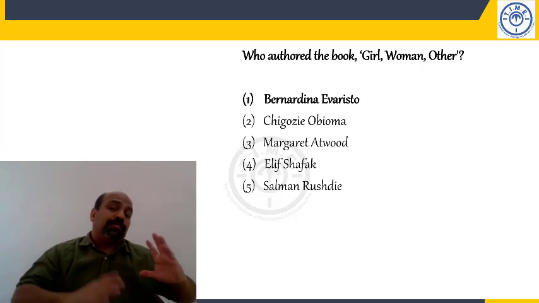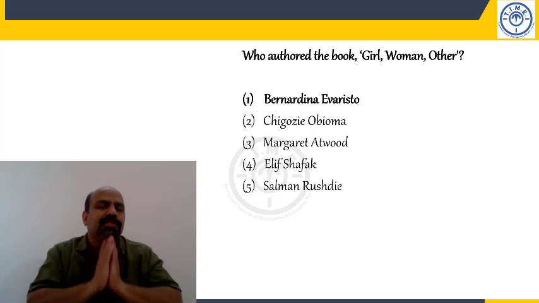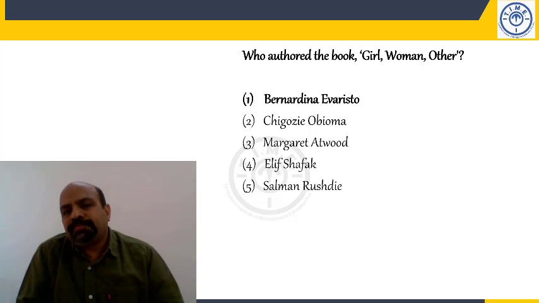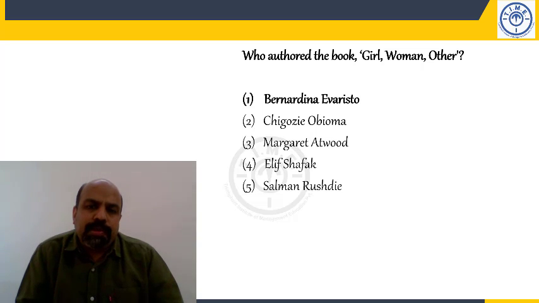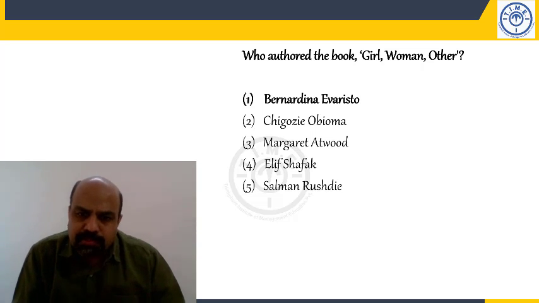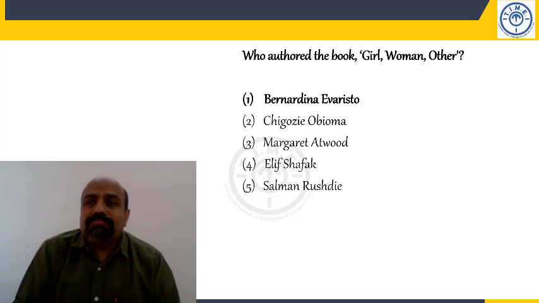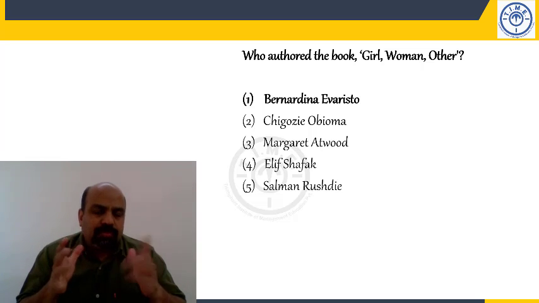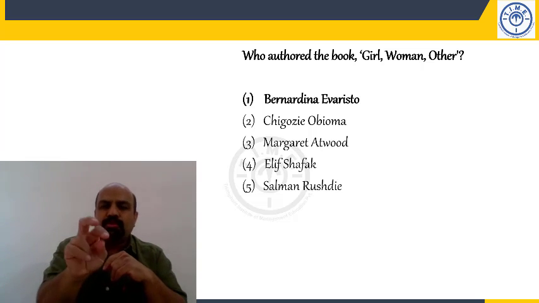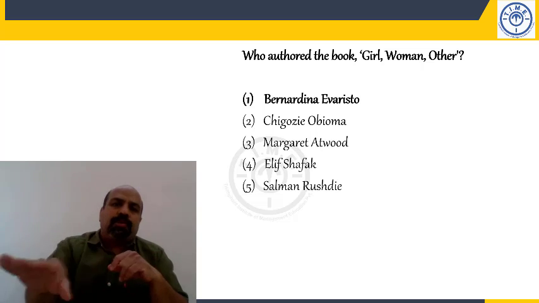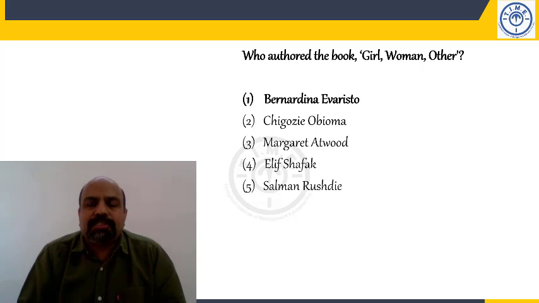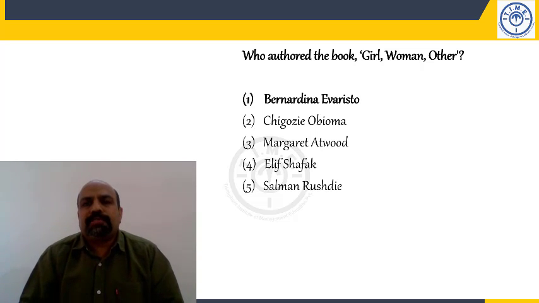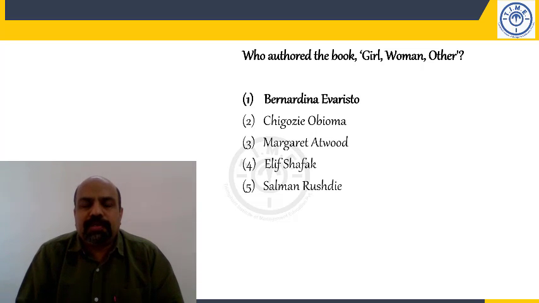So last year the Booker Prize was given to 2 books. Normally it's not done, but they gave it. Who are these guys? Chigozie Obioma, Salman Rushdie. See, for the Booker Prize, 6. You want to know something about the Booker Prize? Just write two points. Booker Prize. Underline that. First one.